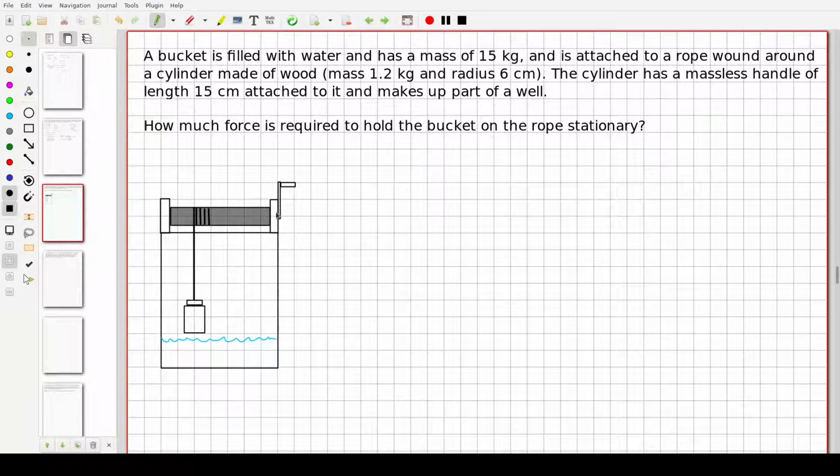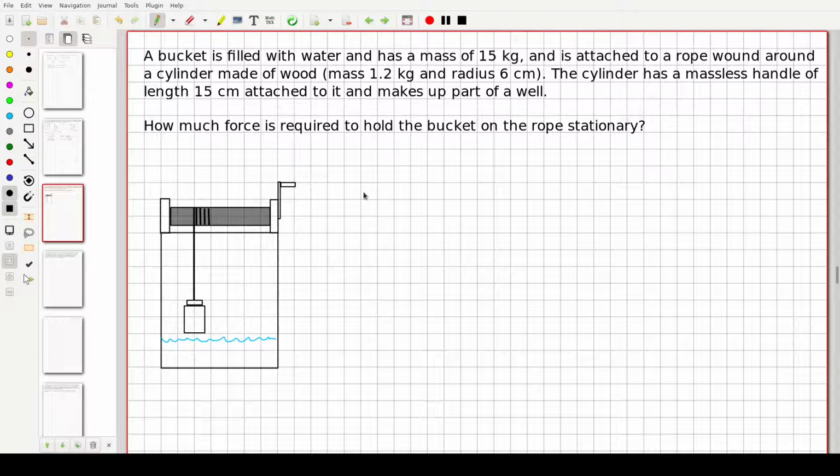We know we have a cylinder with a mass. We know its radius. And we also know that there's a handle that's attached to it that's massless that has a length of 15 centimeters. So what we're going to do is to apply a force on here to hold this bucket stationary above the water. And the question is how much force do we have to apply?